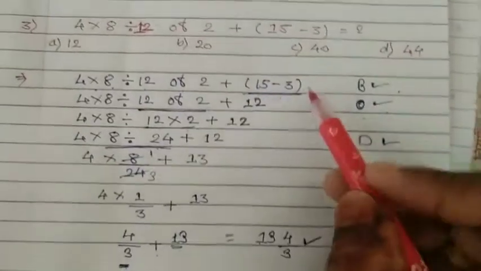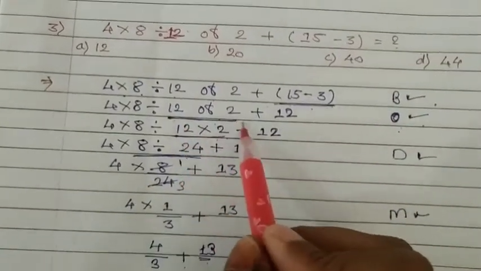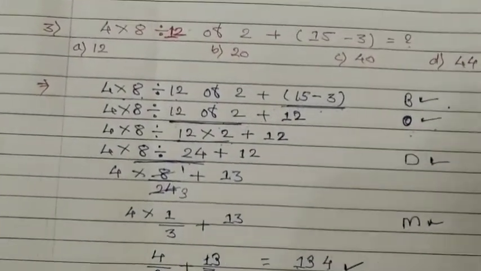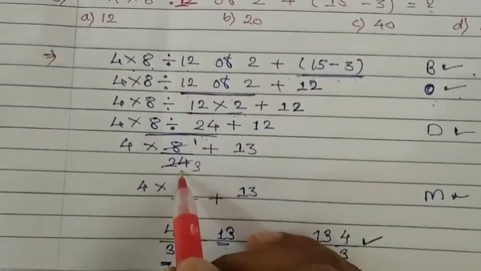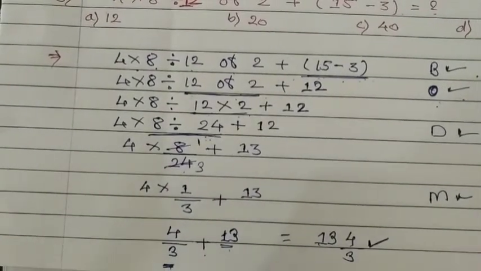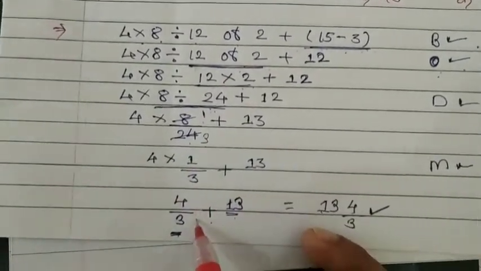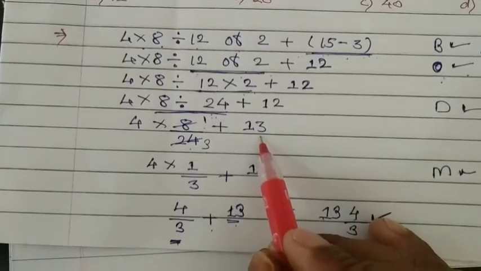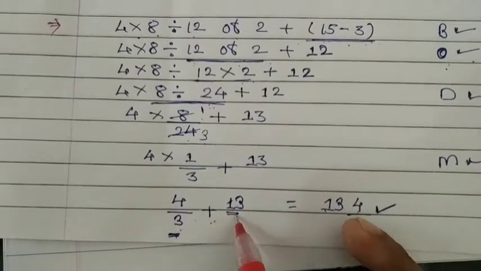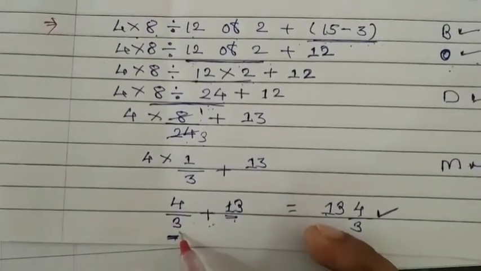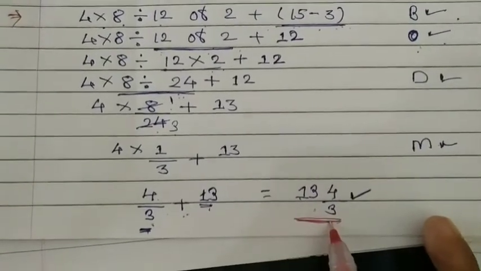Firstly bracket, then O stand for of. 12 of 2 means 12 multiplied by 2, 24. 8 by 24, 8 ones are 1, 8 threes are 24, 1 by 3, then multiplications 4 into 1, 4 by 3 plus 12. 13 4 by 3, this is a mixed fraction number, this is our answer.